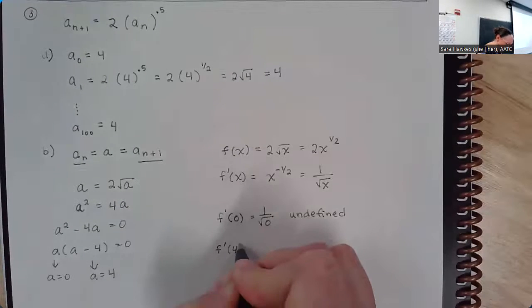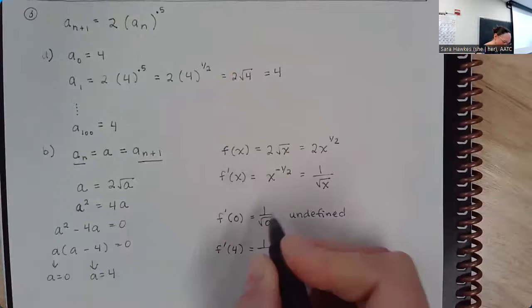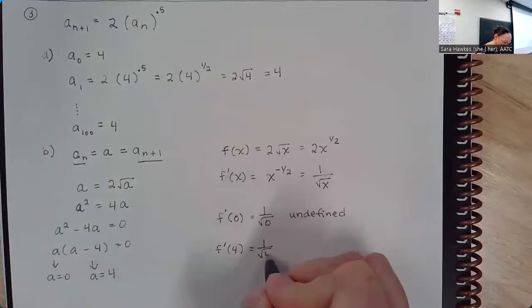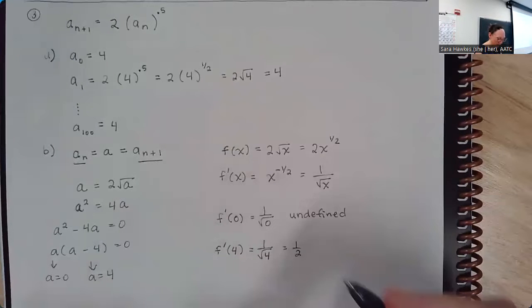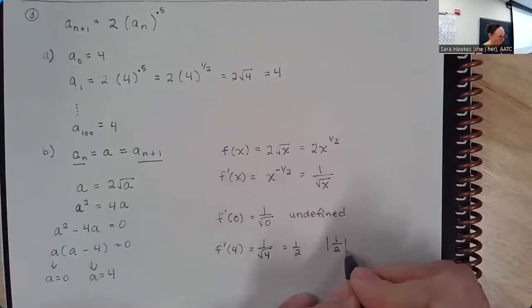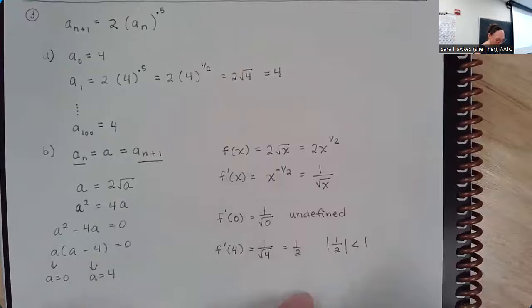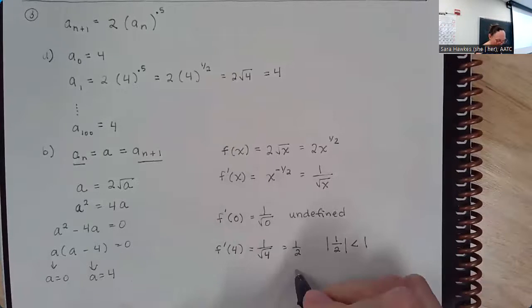We've got a 4. If I put that in as 1 over the square root of 4, that's 1/2. And what we're testing is, is the absolute value of 1/2 less than 1? Because it is, I know that A equals 4 is stable.